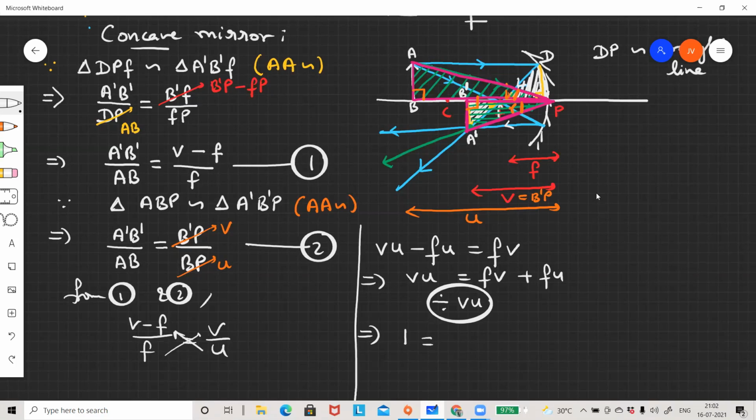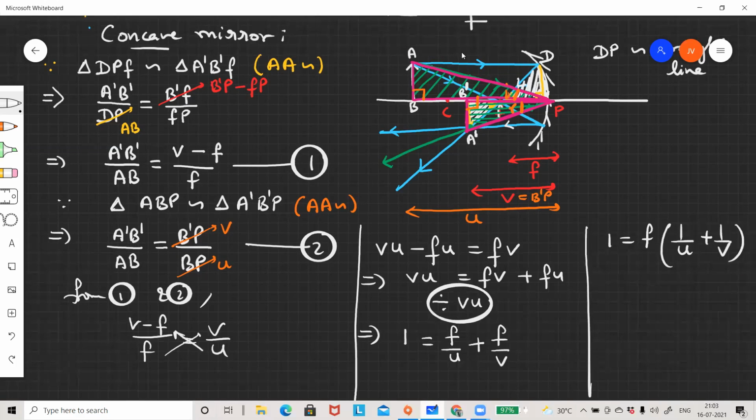Right side, FV by UV is F by U, plus FU by UV is F by V. From the numerator, you take the highest common factor F out, which is 1 by U plus 1 by V. Send that F to the other side, it will go to the denominator. We call it transposing. So this is 1 by V plus 1 by U, I just wrote it in the order we remember. So this is the mirror formula.